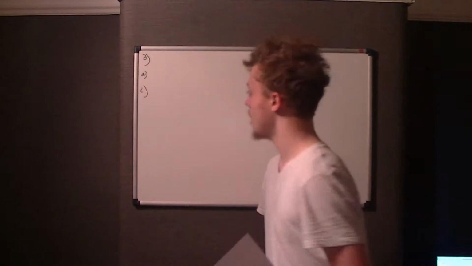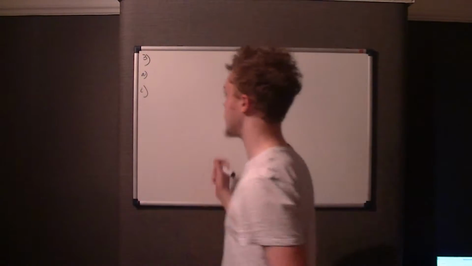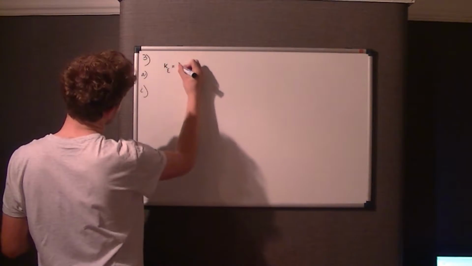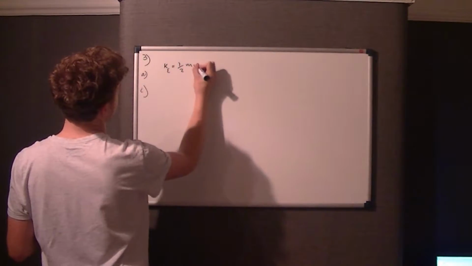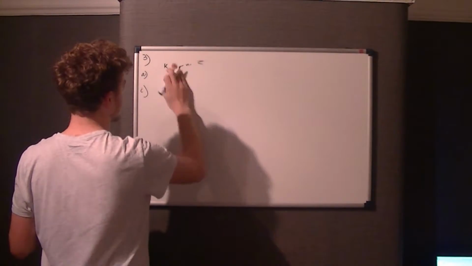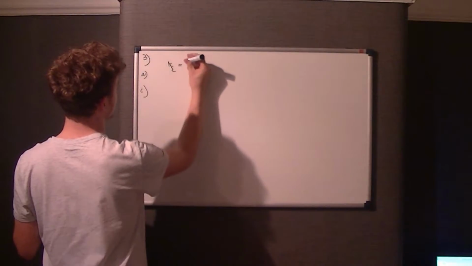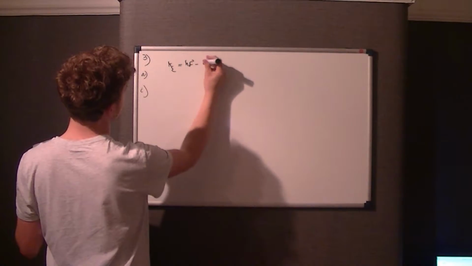Well, for this, obviously, you need to think about the kinetic energy equation for electrons. There are two ways of answering this question. Kinetic energy equals hf minus the work function.